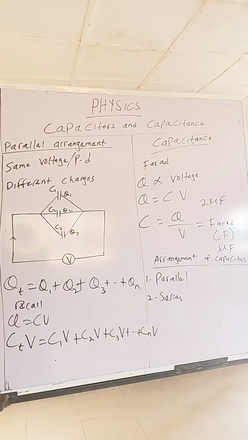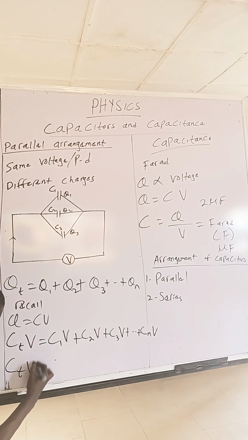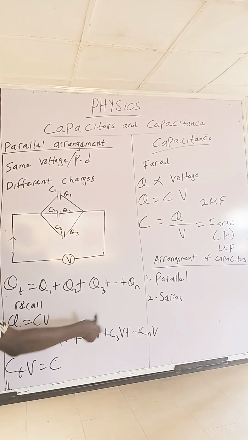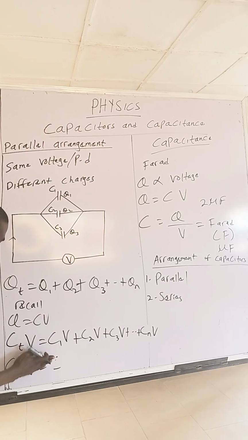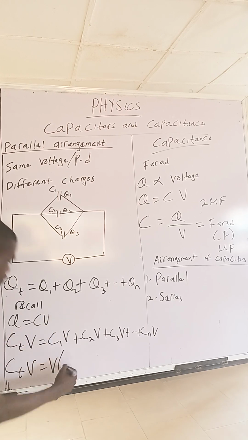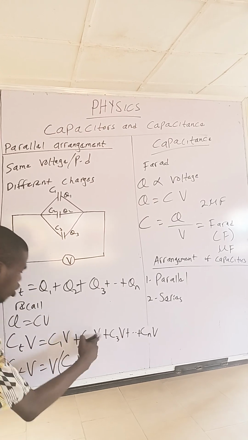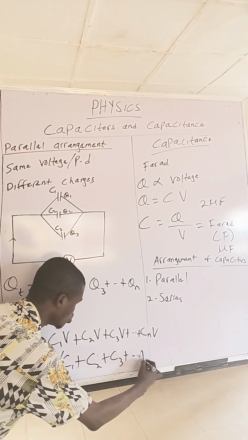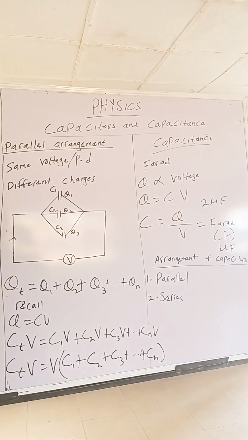Now from there, we have V here and V here, common to them, so we can factorize the right-hand side. You can say C total V equals V, which is common to them, times what we are left with: C1 plus C2 plus C3 up to Cn.